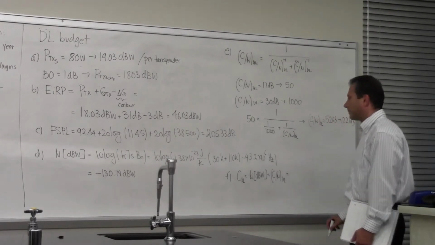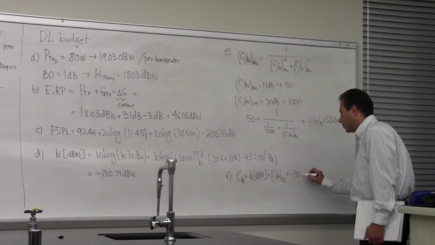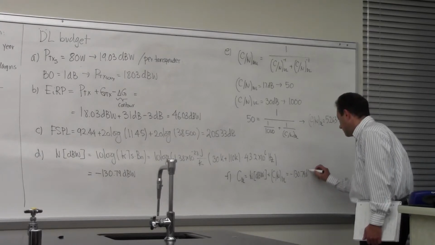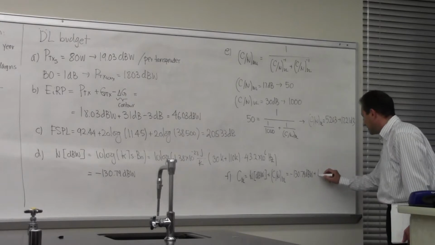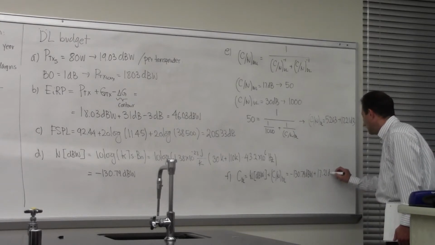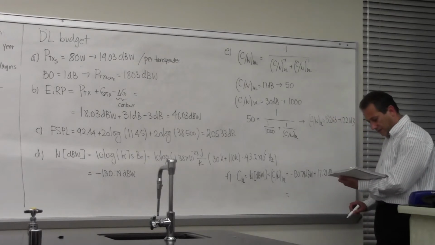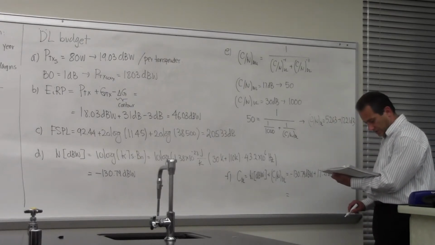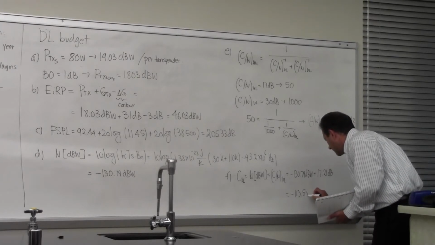In our case, this is minus 130.79 dBW, plus whatever is the 17.21 dB. So this gives me the signal power that I need to have on the downlink, which is minus 113.58 dB.